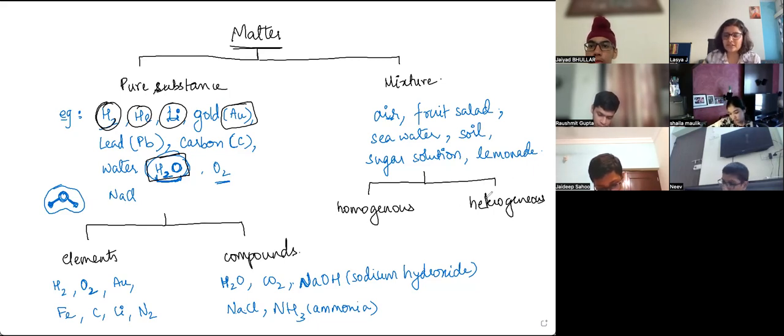Right. Have you guys come across these sort of terms before? Homo, hetero, in science? Yes, ma'am. Okay, what is the context? Where have you come across it? Ma'am, in sixth grade. Homogeneous mixture is when it's the same substance. Not the same substance. Mixture by default means that you have two different substances.